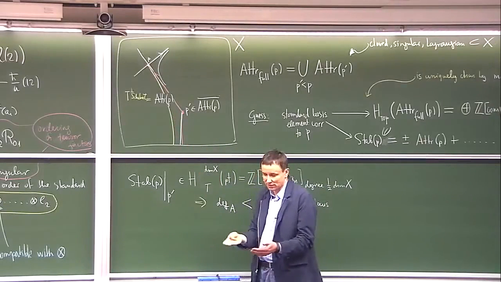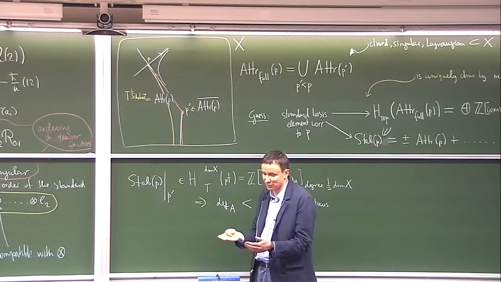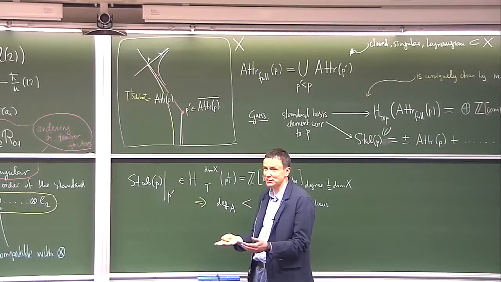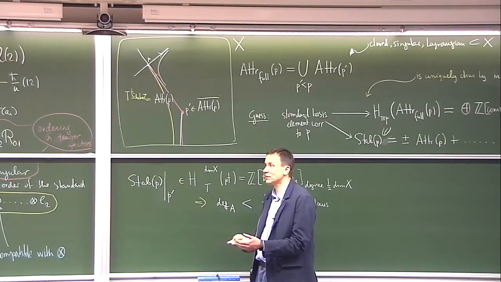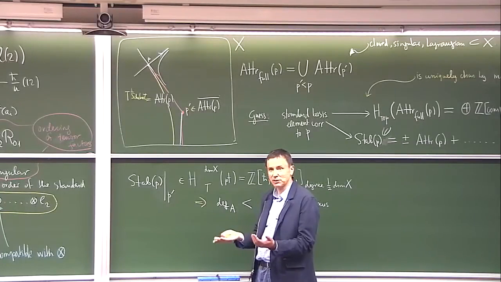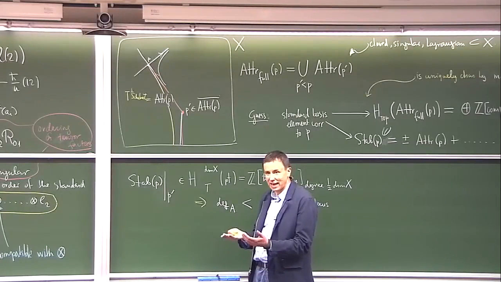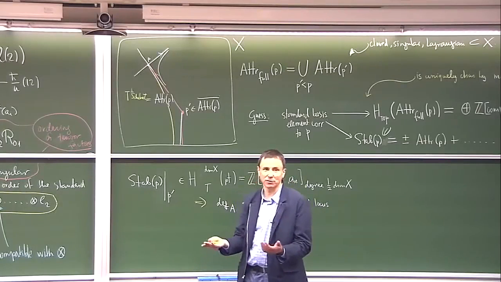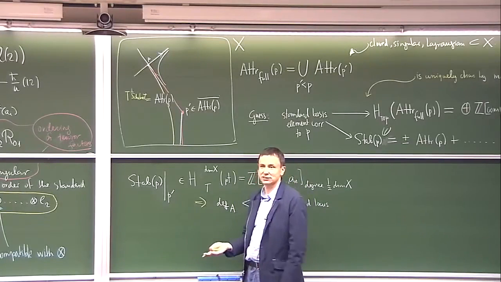Because if you kill h bar, you forget about h bar equivariance. If you forget about h bar equivariance, you can deform, just A equivariantly. If you can deform a cycle off a point, its restriction is 0.